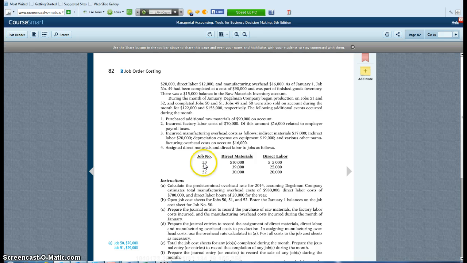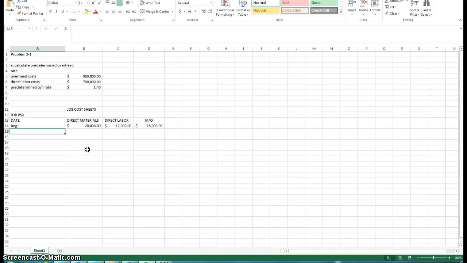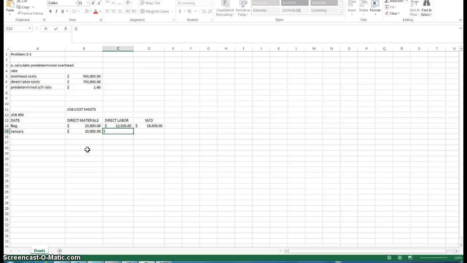For January, what was put into job number 50: direct materials of $10,000 and direct labor of, excuse me, 5,000. So we'll go back here and show in January we have direct materials of 10,000 we requisitioned and direct labor of 5,000.